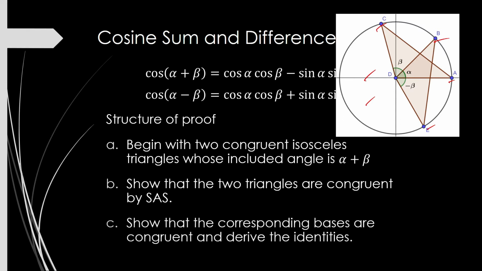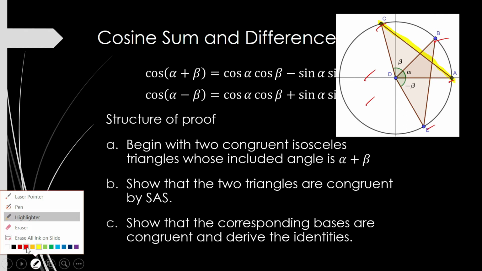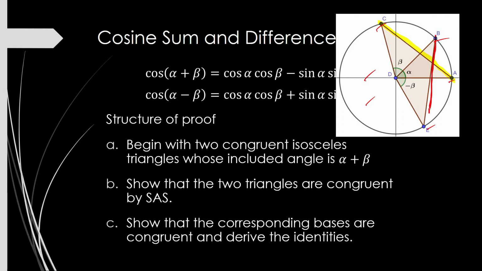And because they are congruent, their corresponding parts, their corresponding sides are also congruent. And in particular, side CA is congruent to side BE. And from that congruence, we shall derive our identities for the sum and difference of angles for cosine.